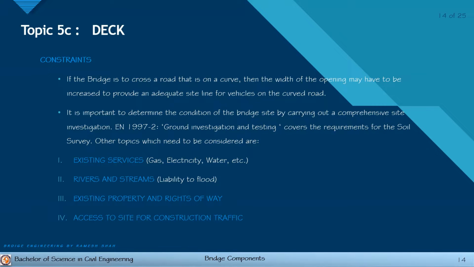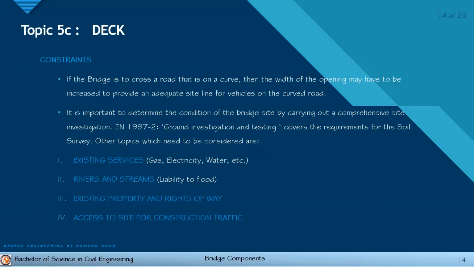Other topics which need to be considered. Ito rin ang mga pwede natin i-consider: existing services, gas, electricity, water, etc. Rivers and streams, liability to flood, kung gaano ba kadalas na pwedeng magka-flood doon sa river, river kung saan natin siguro ilalagay ang ating bridge.